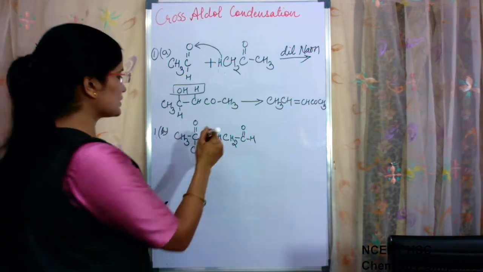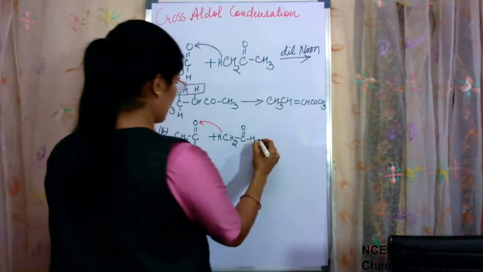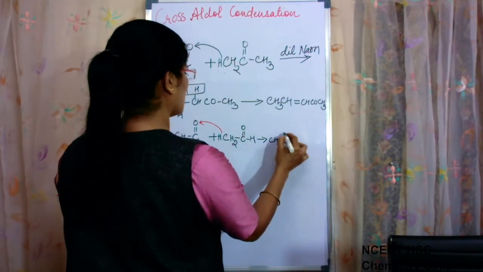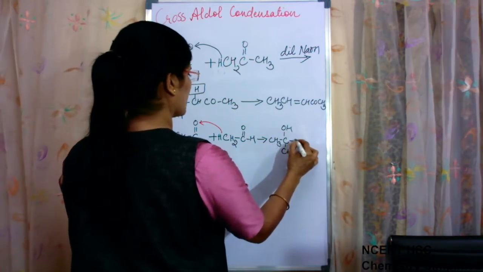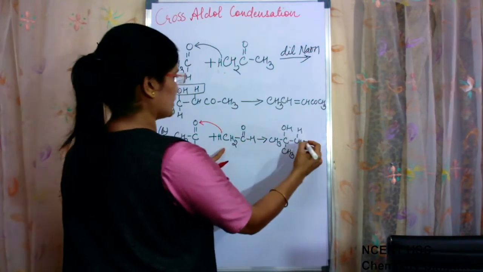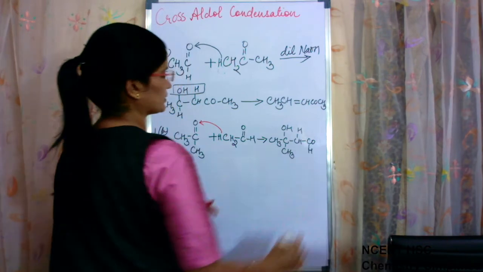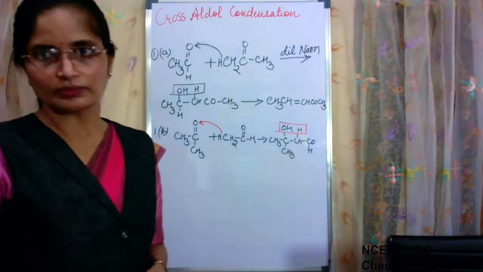Then in the first step what will happen? This H will go to O and then we will get CH3 COH CH3 CH, and H2 we have written as CHH and CO and H. We will lose a water molecule here.